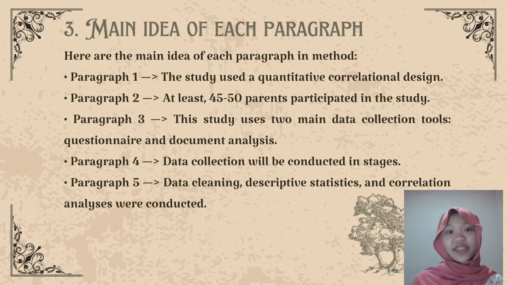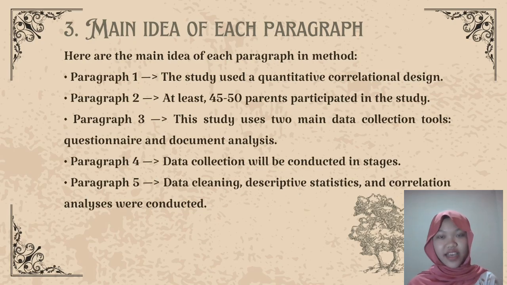Three. Main idea of each paragraph. Here are the main ideas of each paragraph in method. In paragraph 1, the main idea is the study used a quantitative correlational design. In paragraph 2, the main idea is at least 45 to 50 parents participated in the study.